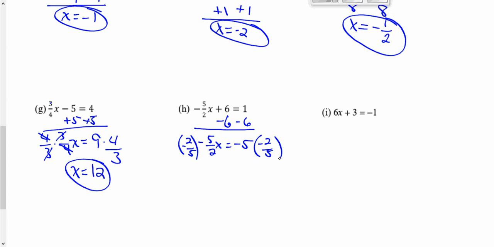So now here, of course, the negative times a negative is a positive, right? 2's cancel, 5's cancel. I'm left with what here? X equals, negative times a negative is, okay, what's 5 times 2? Divided by 5. Okay, try it this way. What's 5 divided by 5? Times 2. Either way.